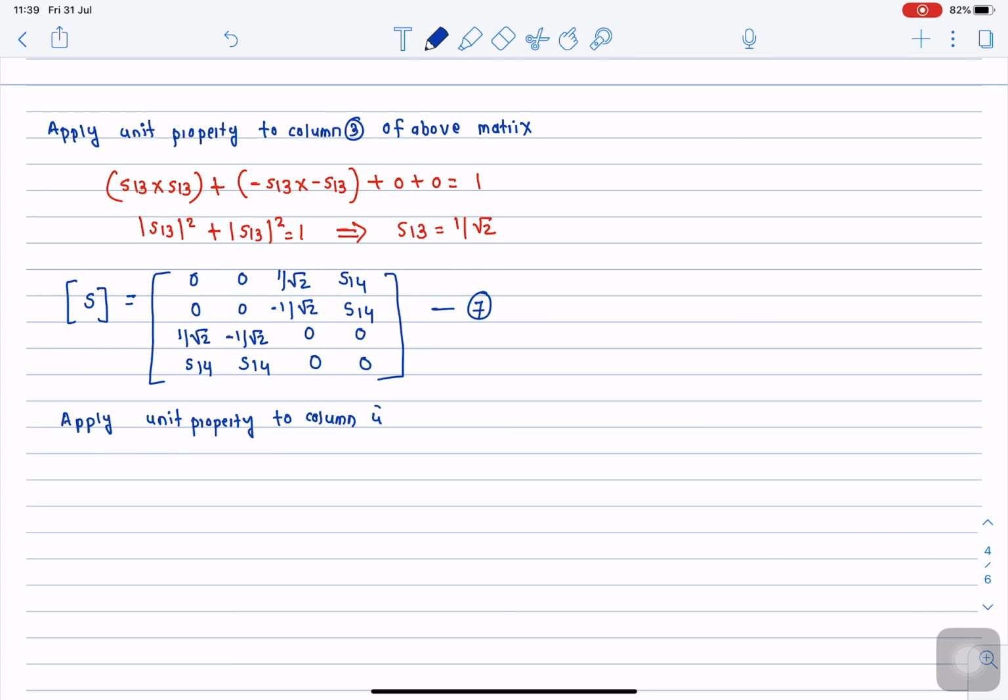Here I will highlight column number 4. This is column number 4. Now apply the unit property to column number 4. Again the same: S14 multiplied by itself, and go on taking the summation of all the terms in that particular column.